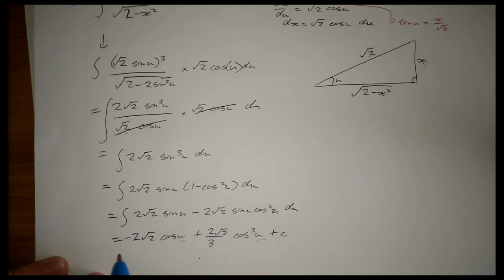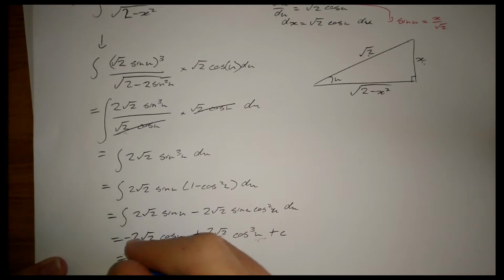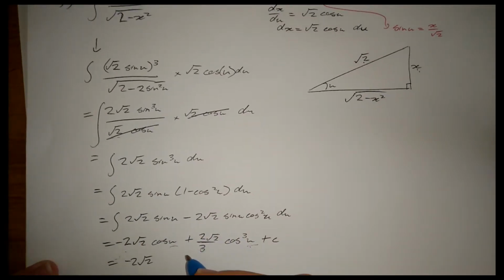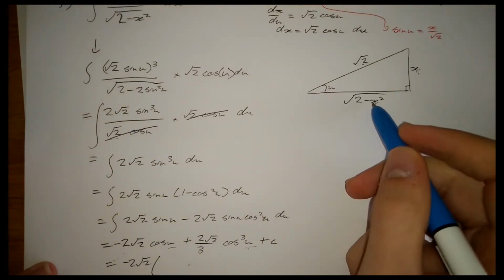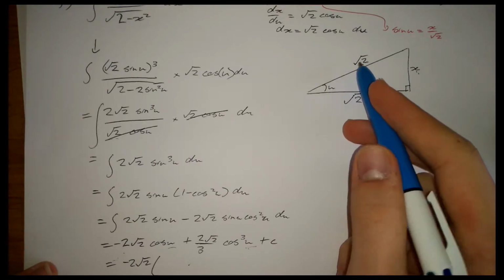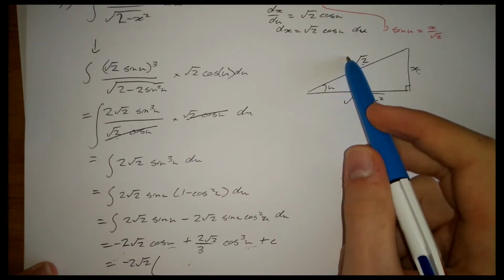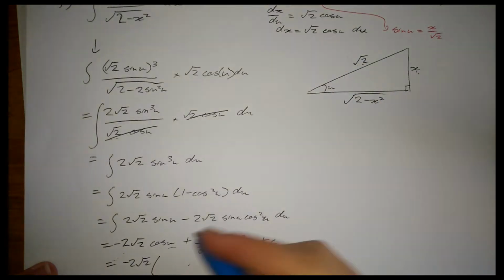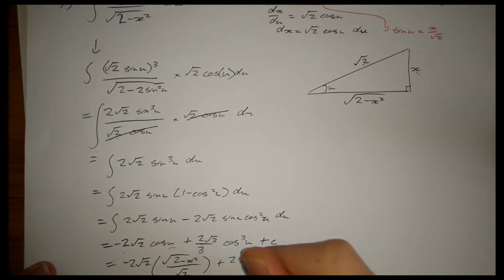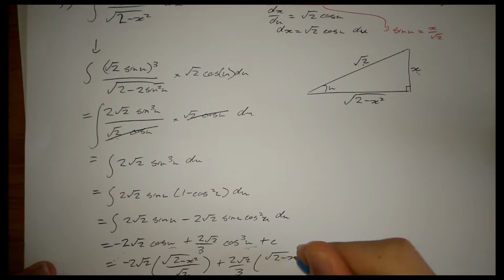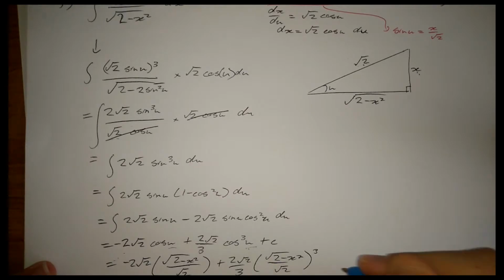So if we look down here, negative 2 root 2 cos u is just adjacent over hypotenuse. So adjacent is root 2 minus x squared, like so, on root 2, and then plus 2 root 2 on 3, to the power of 3 plus c.